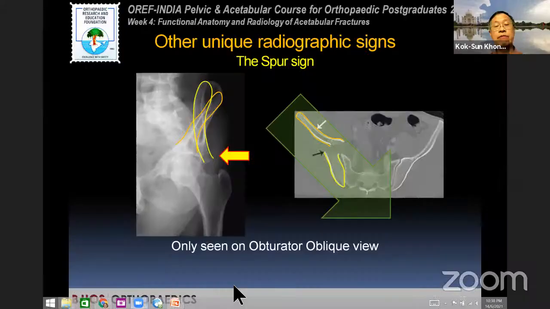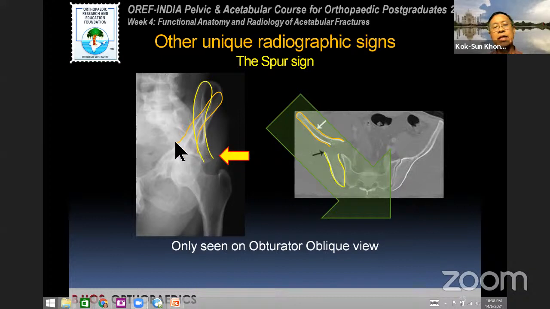I'll share my screen now. Can you see this yellow line? This yellow line is a spur. It can be sharp or blunt, it depends on the fracture pattern. Usually this one is sharper. It comes from the posterior iliac wing because this has displaced medially.